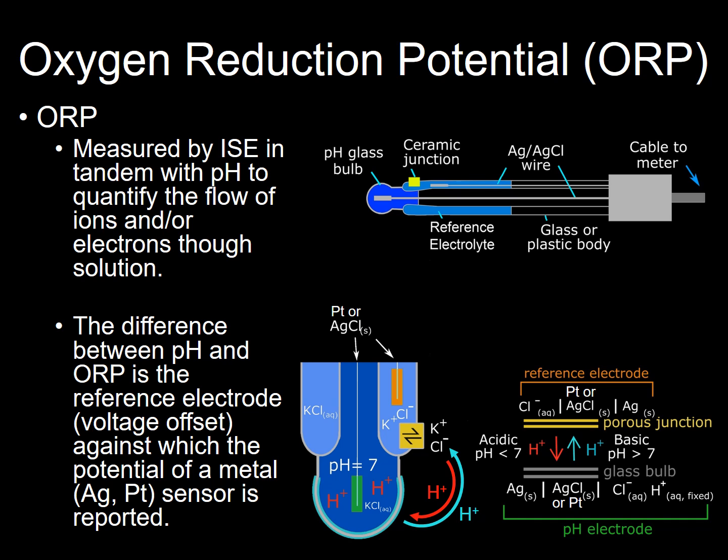There's a bridge that is made, a semi-porous bridge between two electrolytes, and within each of those electrolytes there's a special metal electrode, and that electrode enables a potential difference for the transfer of hydrogen ions. And so the measurement you can see in the bottom is kind of a zoom in of the conceptual diagram at the top. But the main difference is the voltage offset between the two metals used to differentiate between pH and ORP.